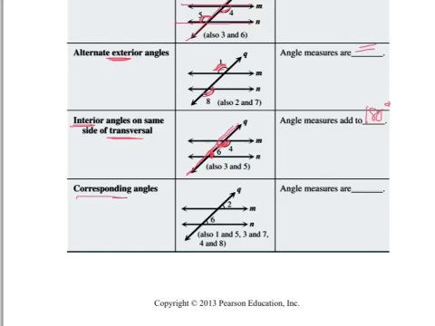Here we have corresponding angles. So again, we have our transversal, and we have angle 2 and angle 6. Well, if you look, those look to be approximately the same size, which they should be because of the transversal on the line. So there, the corresponding angles are also equal in measure.